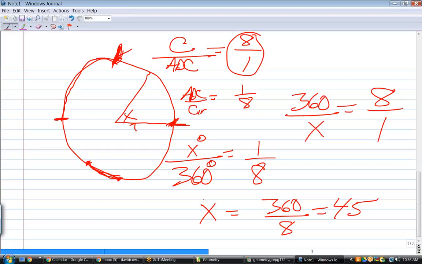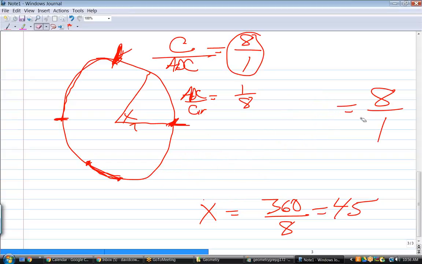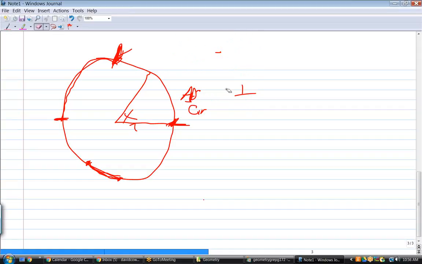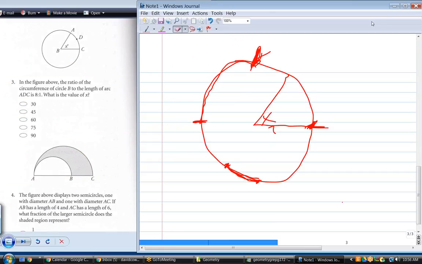So there's a certain advantage when you set up these ratios: keep in the back of your mind, put your variable in the numerator if you can. These ratios apply to all kinds of things, similar triangles and stuff like that. If you're setting up a similar triangle and you have a choice of putting it one way or the other, like we did here, put your variable in the numerator. That makes sense.